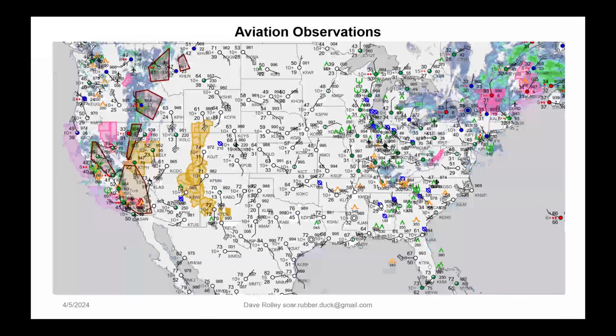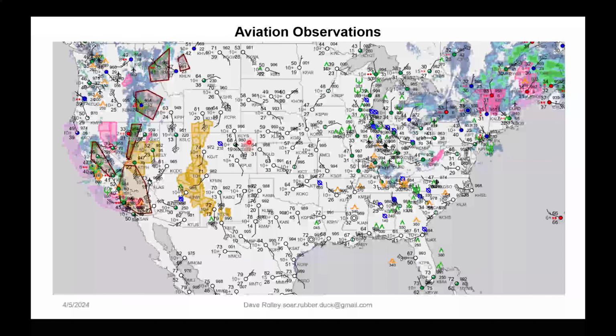And then there's also the weather aviation observations. The nice thing about this is it gives a snapshot of the airports or sites that are reporting. You can zoom in down to the low level, instead of just seeing Cheyenne and Denver, Colorado Springs and Pueblo, you can zoom in and see a lot of the others from here.